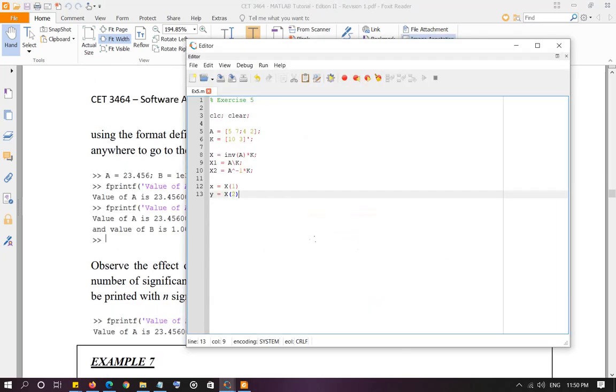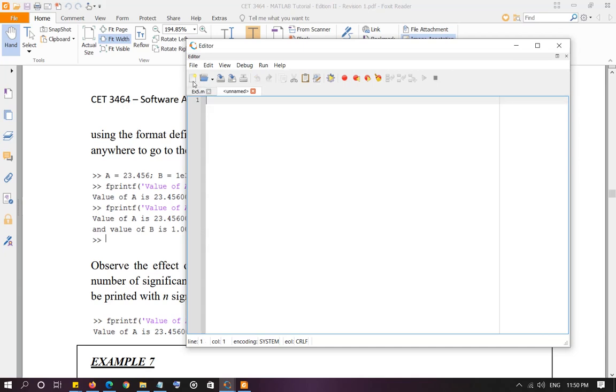So for example, if I want to write something like this, let's do another exercise. Let's open another exercise, and this is my example, example a.